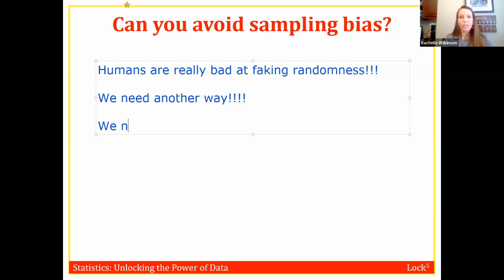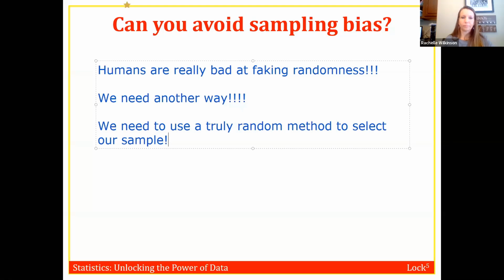So a truly random method would not be a person going through and saying, I think you, and you. Instead, we want to rely on something that's impartial, like a computer, to randomly generate what our sample should be.